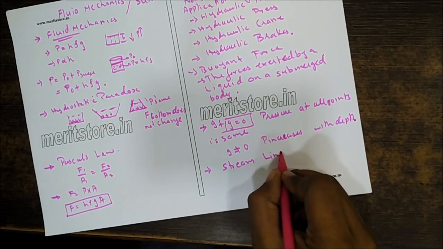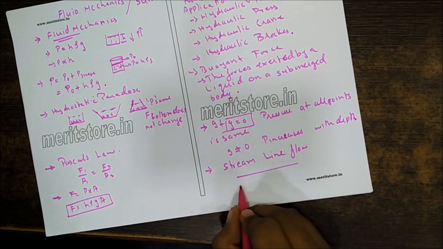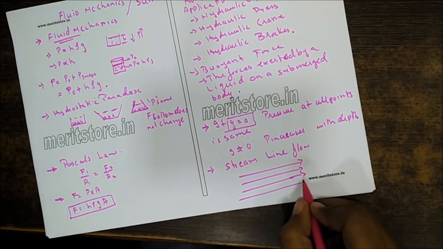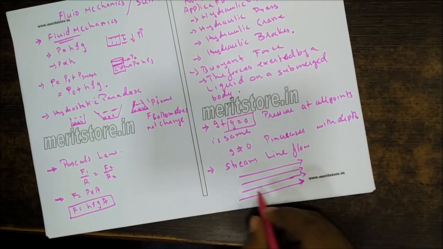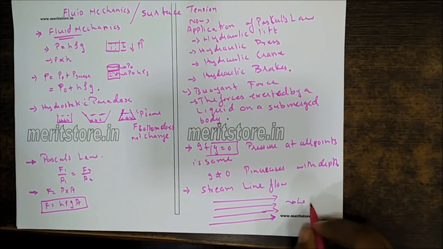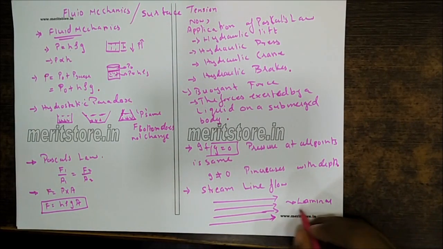Streamline flow: the flow which is continuous, in which the layers of liquid do not intersect with each other, which is a slow flow, also known as laminar flow.